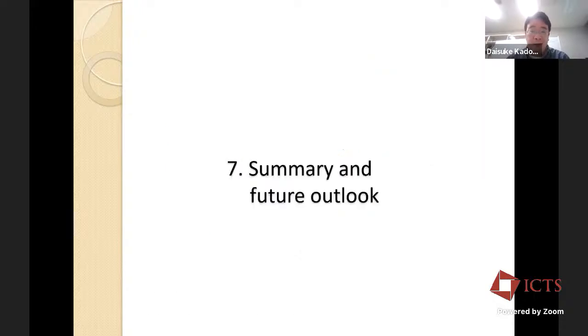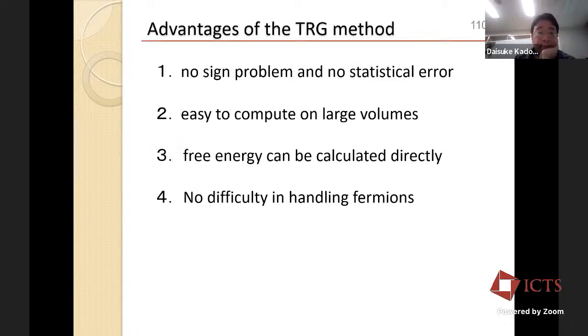Okay, so I summarize my talk. The TRG method has several advantages, as I said several times. There is no sign problem from the beginning, and there are no statistical errors in the TRG method.